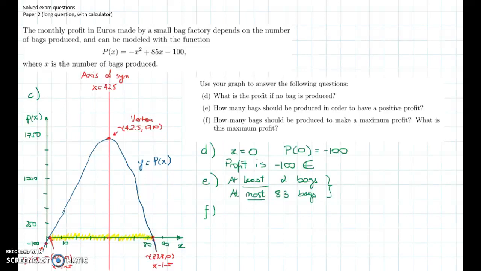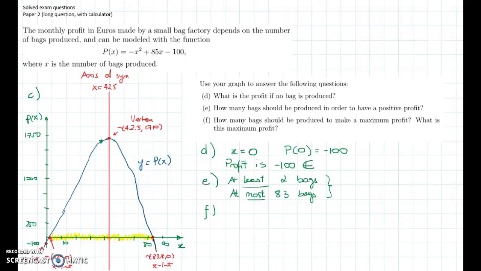Now we can't answer that you have to produce 42 bugs and a half, so we have the option of either over here produce 42 bugs or over here produce 43. These points 42 and 43 are at equal distance from the axis of symmetry, so they will be at the same height, so both of them give the maximum profit.